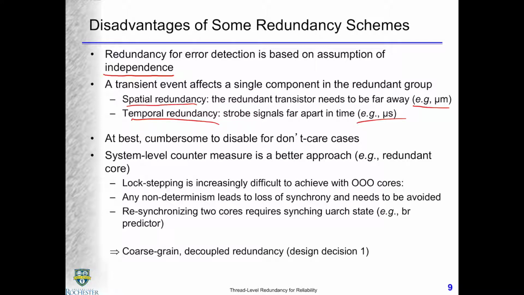So you see there is a problem there. Any non-determinism would immediately lead to the loss of synchrony. Suppose I have 2 cores whose branch predictor states are different. What do you do? You have no choice but to synchronize their branch predictors. So that's microarchitectural state, not just architectural state. Lockstepping is increasingly being abandoned because it's just impractical. Sometimes it's done because you have no other choice.